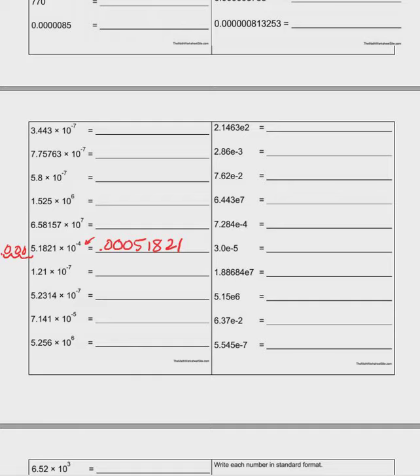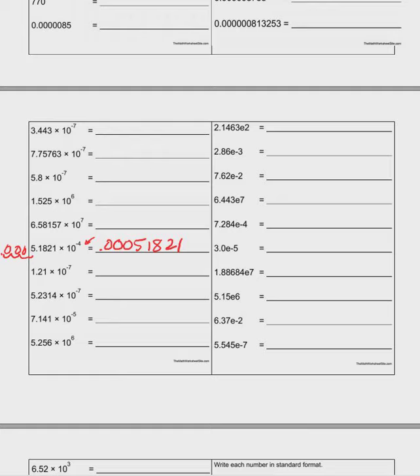We're going to work on E notation. E notation is, if you're using a calculator, sometimes it'll say 2.1463E2, or it'll say 2.1463 a space and 2, and then another one that you'll see is times 10.